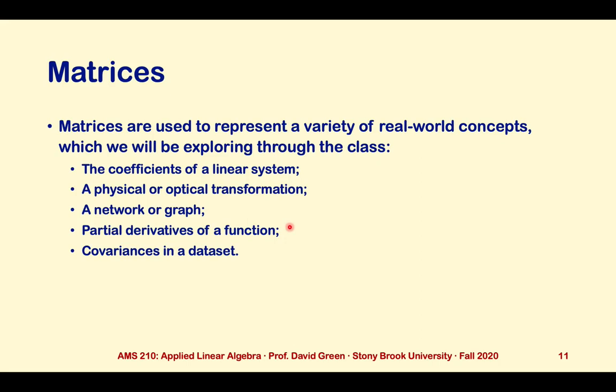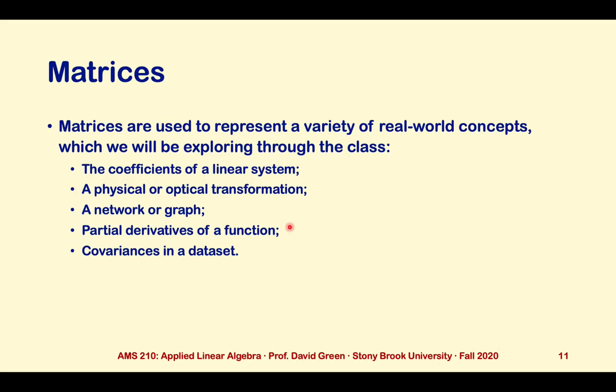Matrices are used to represent a number of different real-world concepts. We'll explore more of these through class. They can be used to represent the coefficients in a linear system of equations. They can be used to represent a physical or optical transformation. They can be used to represent a network or a graph. They can be used to represent the partial derivatives of a function.